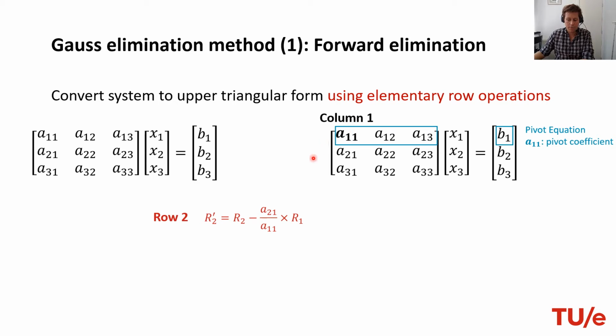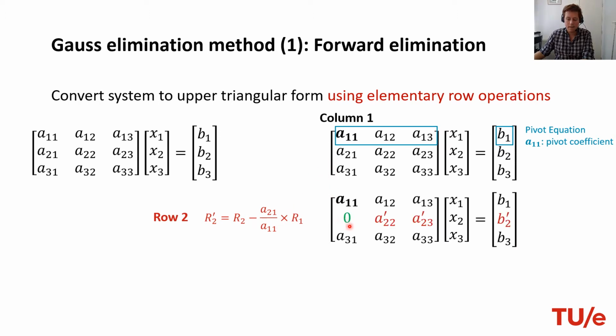The first thing we can do is remove this A21 and put it to 0, by subtracting from row 2 row 1 multiplied by A21 divided by A11. In that case, this element will be 0. These elements in red are in general not 0, but that's no issue because we just want to make zeros in the first column in this first step.